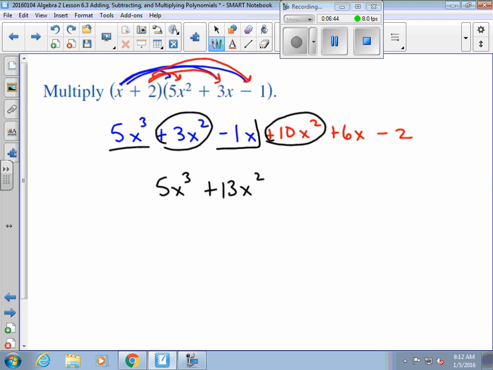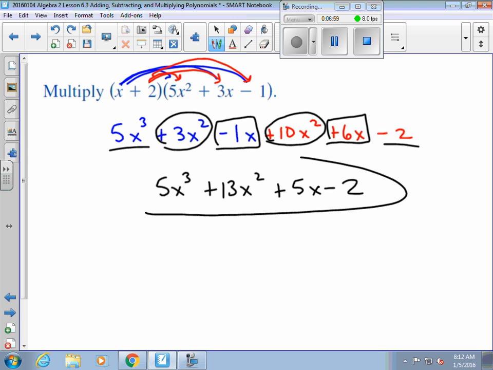And then negative 1x and 6x, opposite signs, even though they both have x to the first power. Negative 1 plus 6 is going to be a positive 5x. And then there's only one constant term at the end, negative 2. We can't put any of this together because they're not like terms. They don't have the same variable raised to the same exponent.